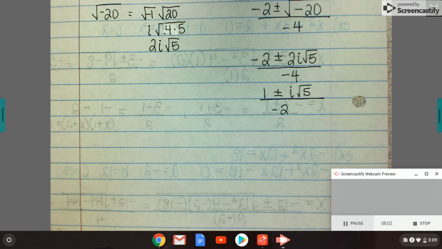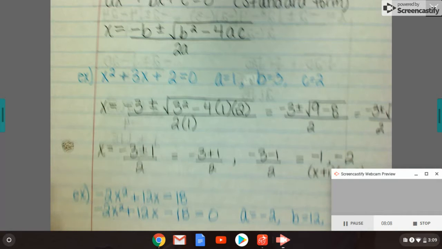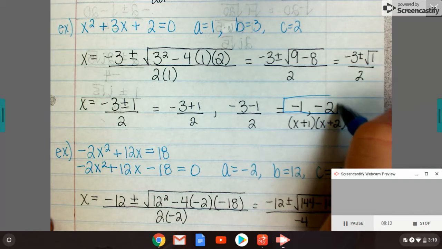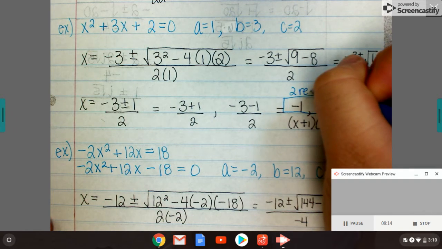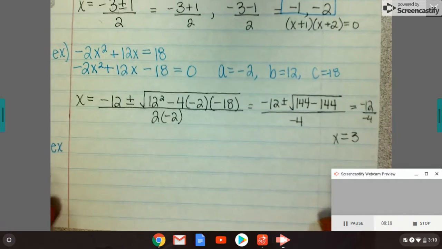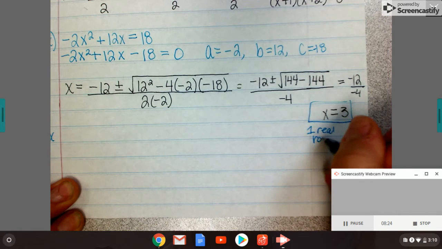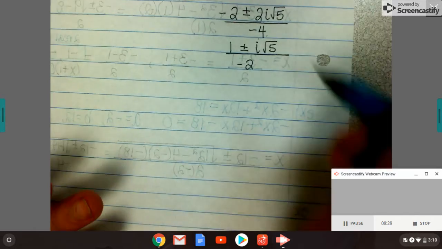So taking a step back, I want to look at the 3 different types of answers we had. On the very first one, we were able to get 2 real roots. On the next one, we got 1 real root. And on the last one, we got 2 imaginary roots.